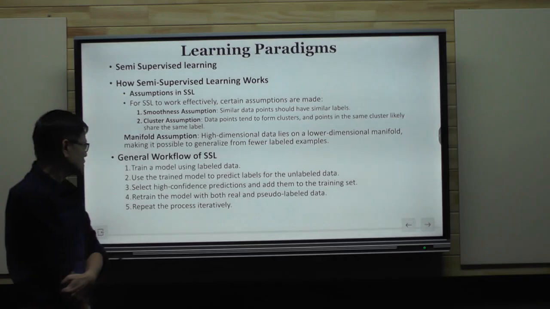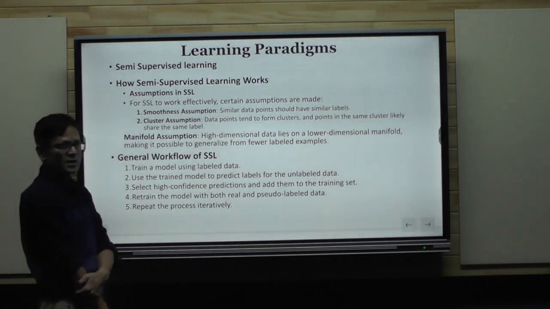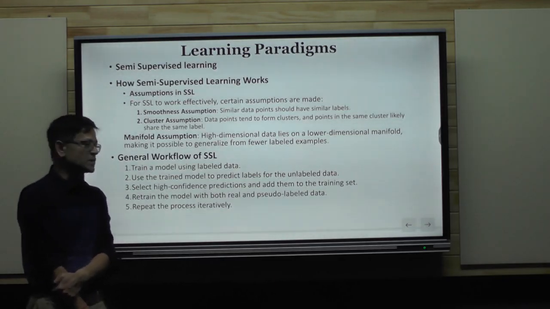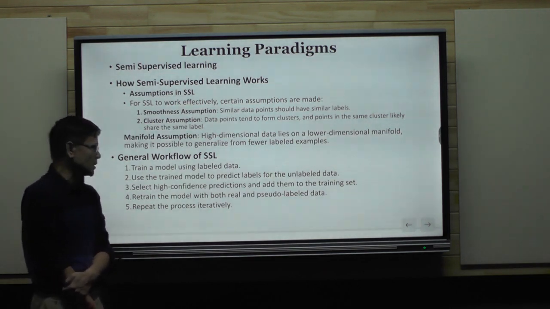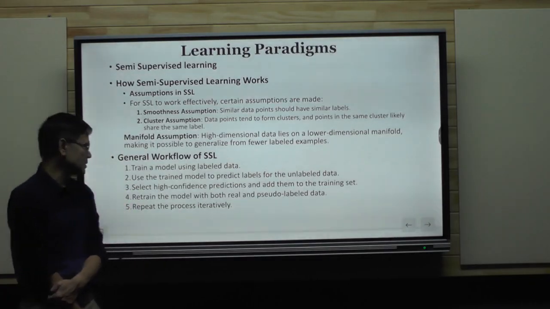Okay. So the general workflow of SSL is: train a model using the labeled data. Use the trained model to predict the labels of the unlabeled data. Select high confidence predictions and add them to the training set.